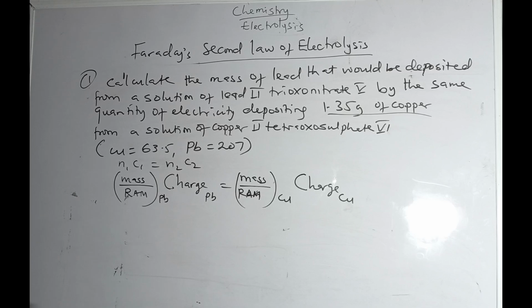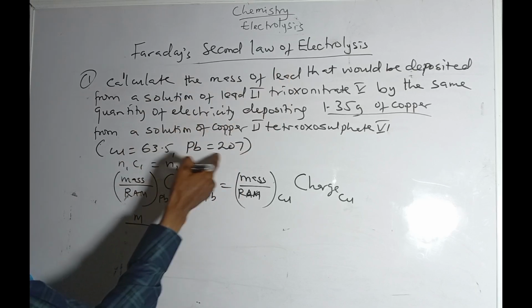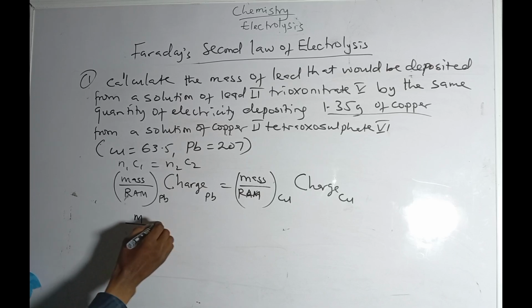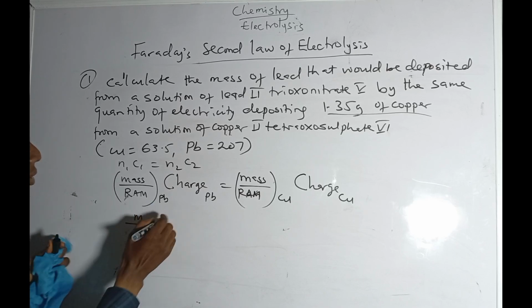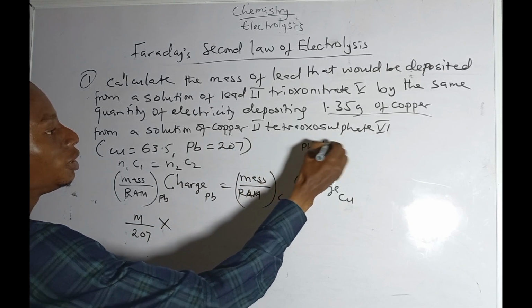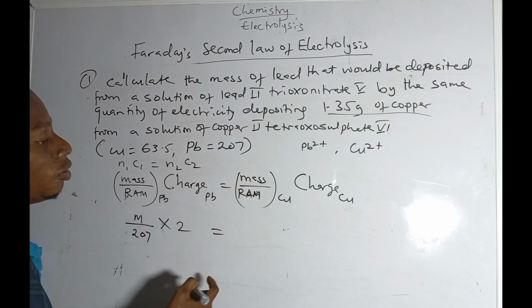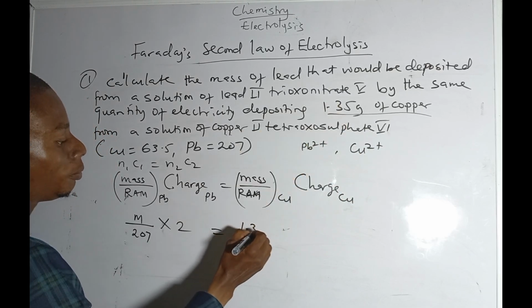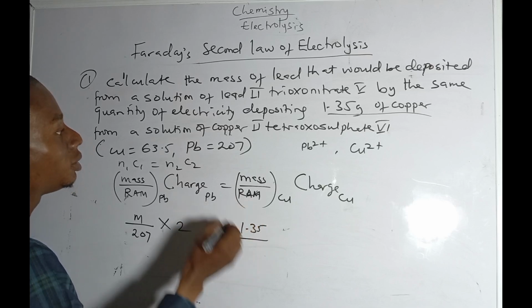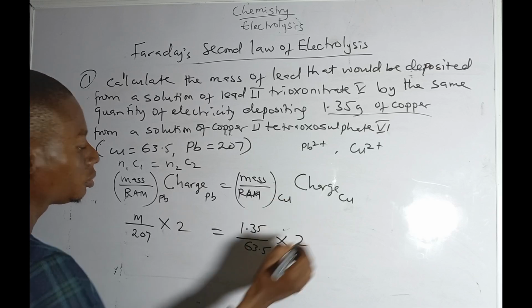So this is the formula we're going to apply. What is the mass of lead? We are looking for it, so that is unknown. RAM of lead is 207, times charge of lead. Lead is Pb2 plus. Copper is Cu2 plus. So times 2. Mass of copper is given, 1.35 gram, with RAM of copper 63.5, times charge of copper, that's 2.